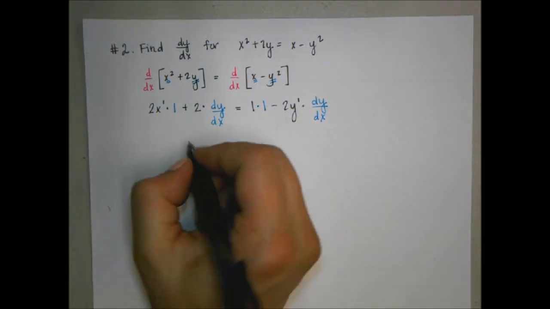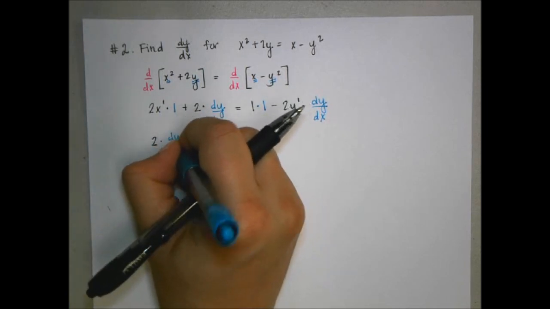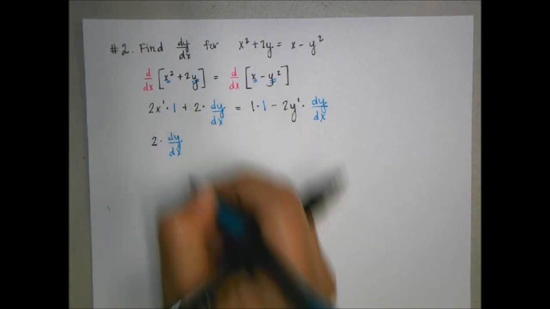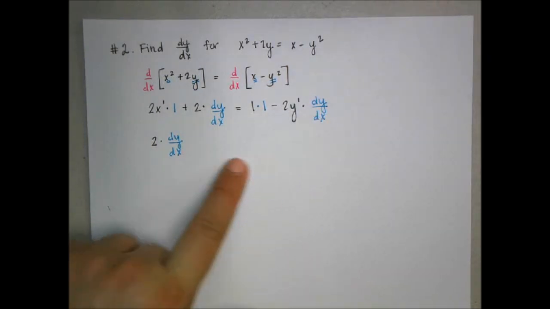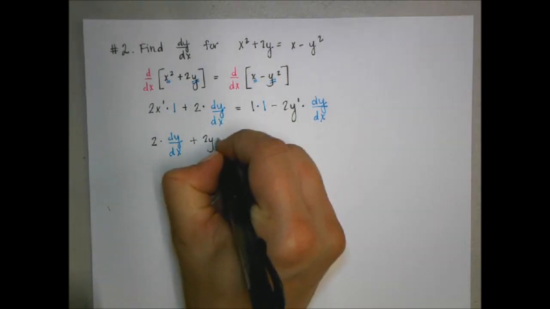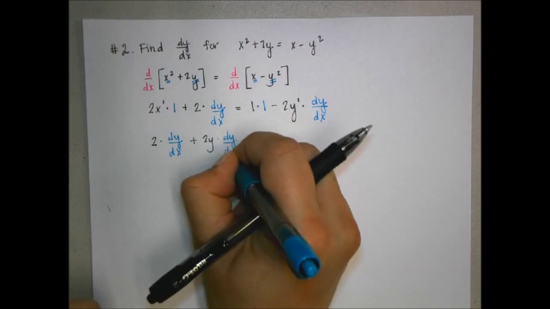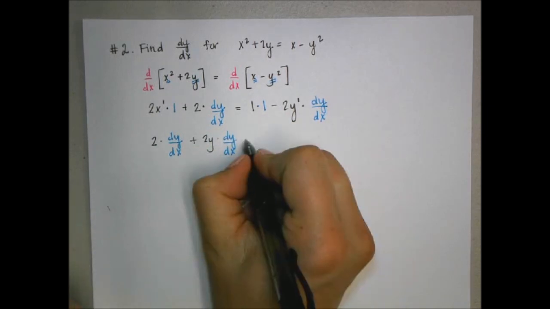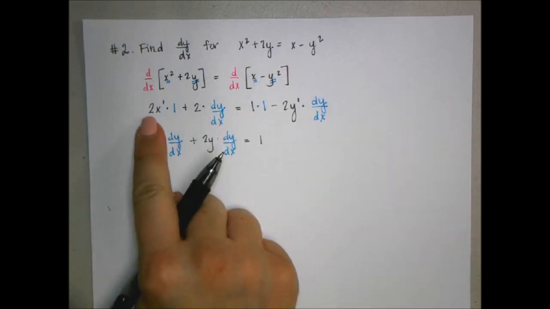I'm going to keep 2 dy/dx here. We're going to add 2y dy/dx over to the left. We're going to keep 1 here on the right and subtract 2x over to the right.